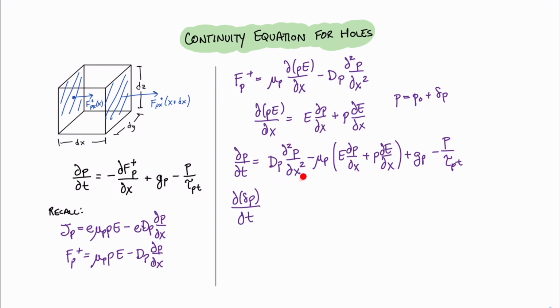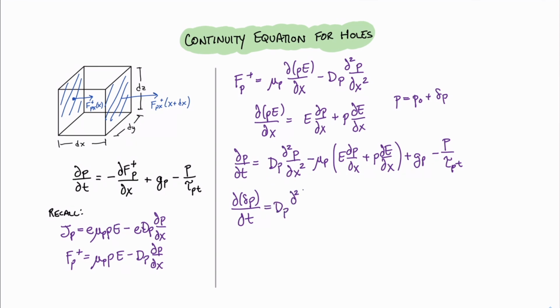Similarly, for the diffusion term, in a homogeneous semiconductor we don't have diffusion caused by the thermal equilibrium carriers. Any diffusion in the system is only caused by the excess carriers. So we can write this term as Dp d squared delta p/dx squared.